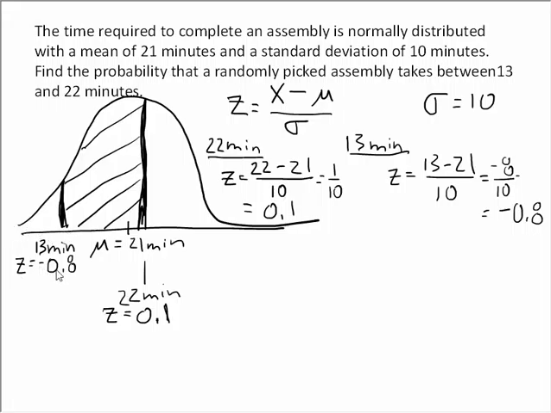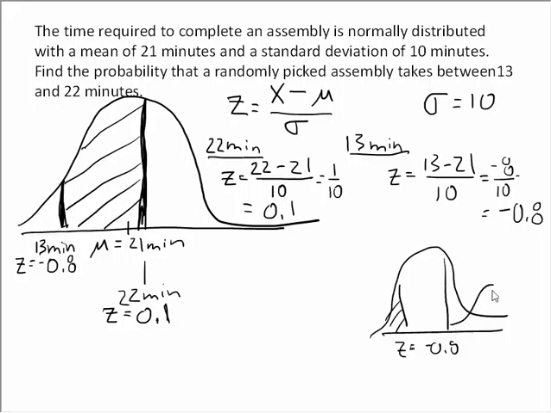If I look up z of negative 0.8, it's going to give me this area, everything from the left up to that point. If I look up a z of 0.1, it starts at the left and gives me the probability of everything from that left edge all the way up to this spot.